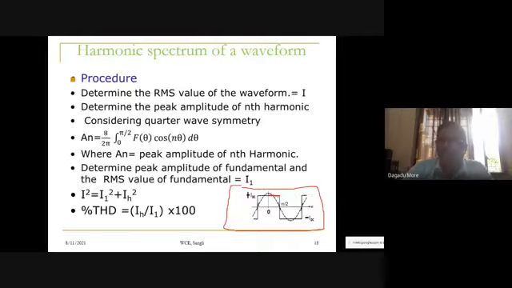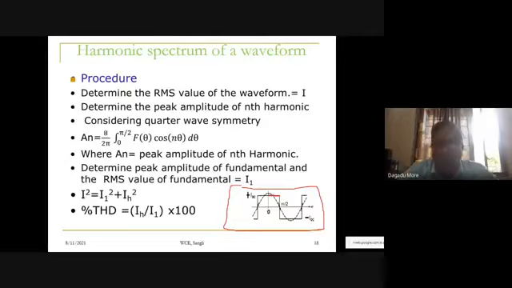So what is the RMS value for this? The square waveform has a positive peak of plus IDC and a negative peak of minus IDC.